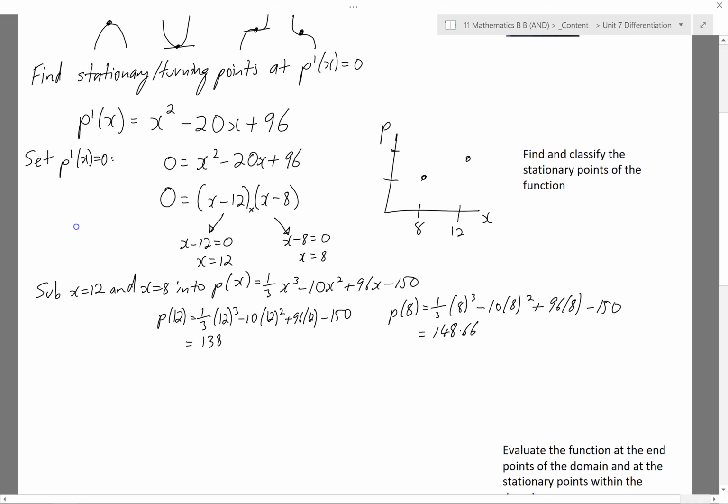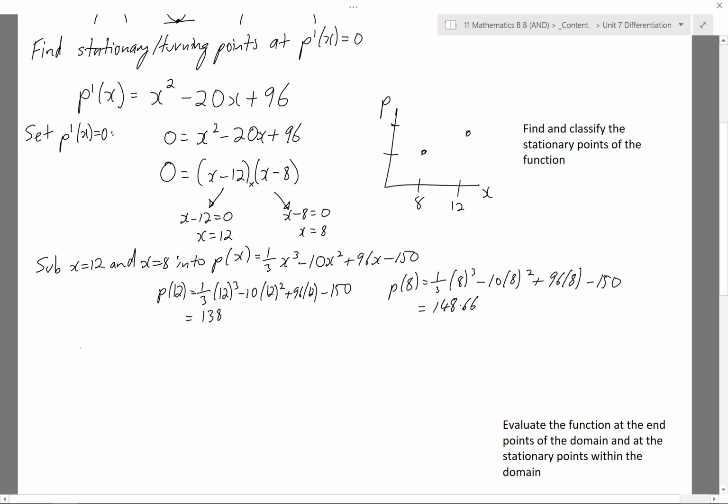With magic of television, I've done this. So I know that I have stationary points. I'm not sure if they're maximums or minimums at all, but I know that the 2 points are 12, 138 and 8, 148.66.